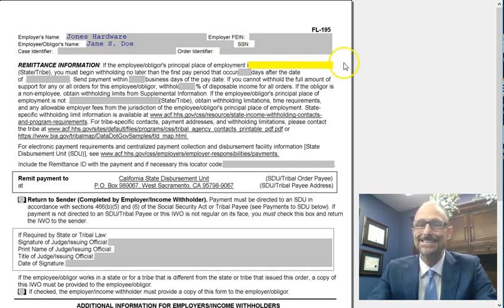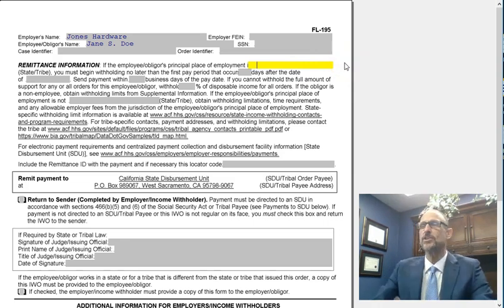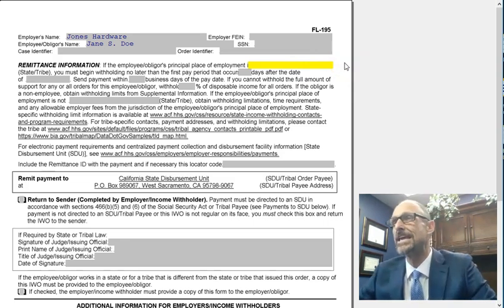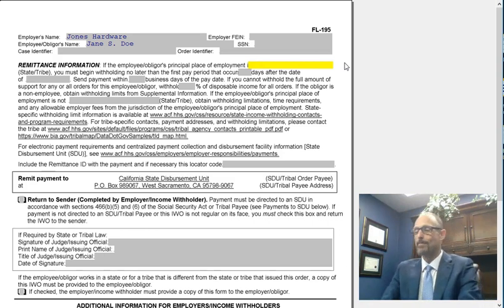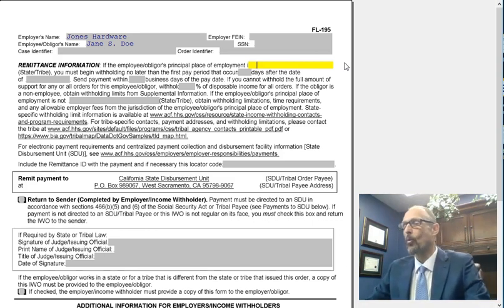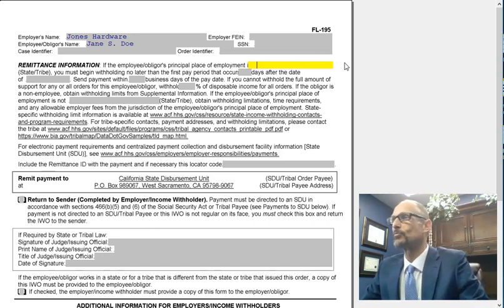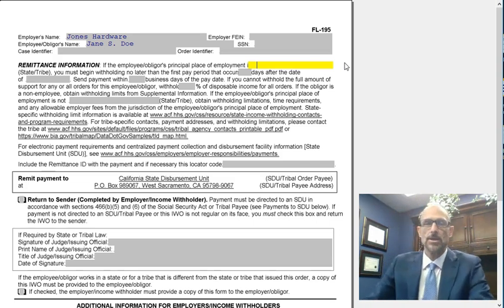All right, remittance information. This is information that you're providing to the employer about how they're supposed to send your payment, your support.